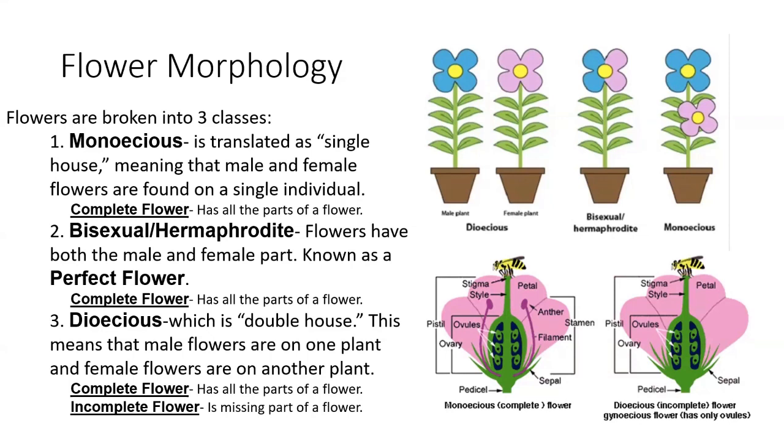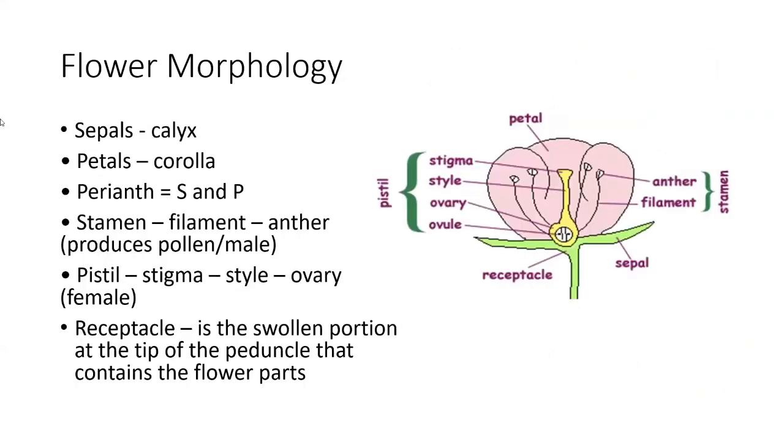All right, speaking of parts of a flower, flower parts are often arranged in what we call a whorl, or a circular arrangement. So I always like to start from the outside and work my way in to the flower. Okay, so the sepal or the calyx.